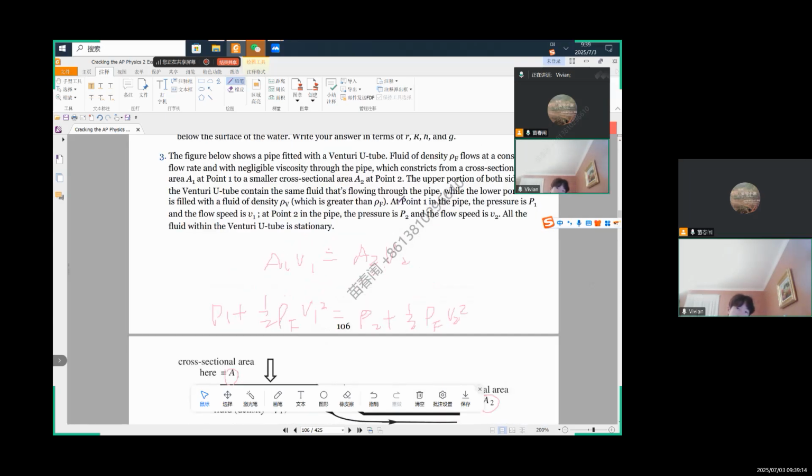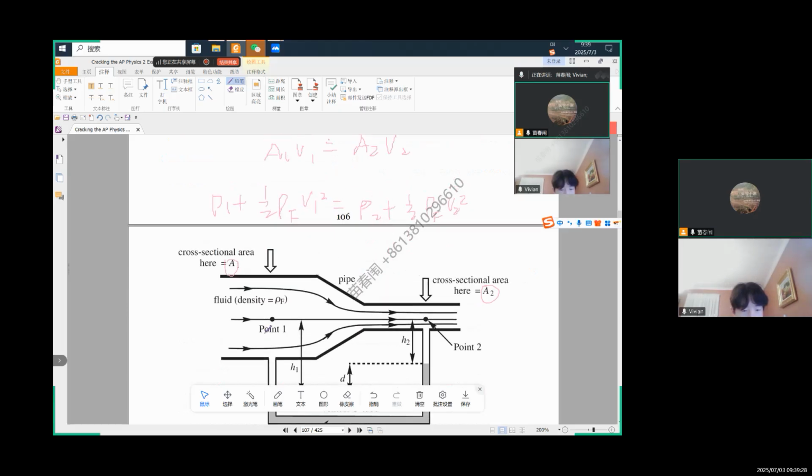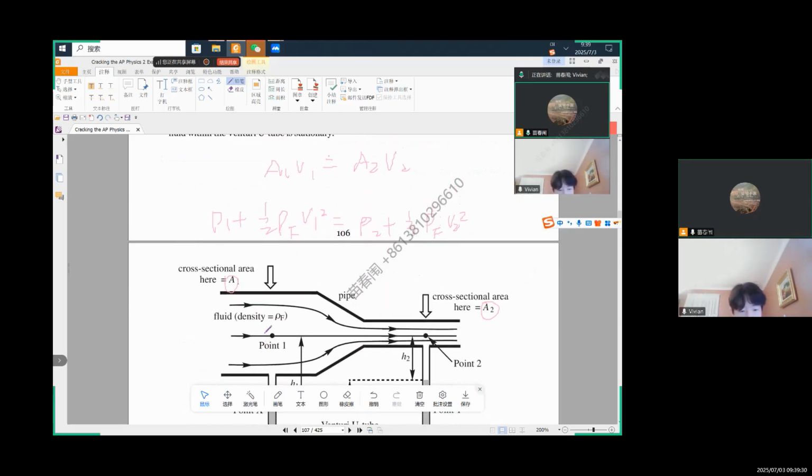The upper portion, the lower, at point 1, at point 2. So I'm going to put that in there, because A1 and A2 are definitely something we know.